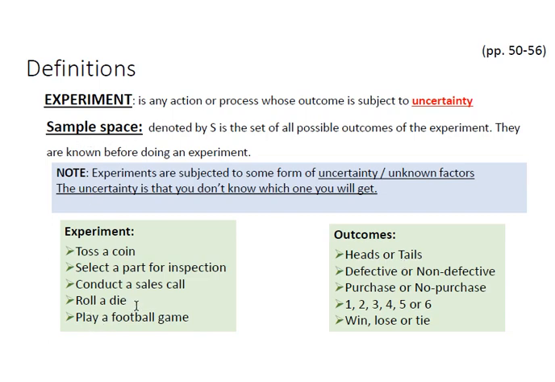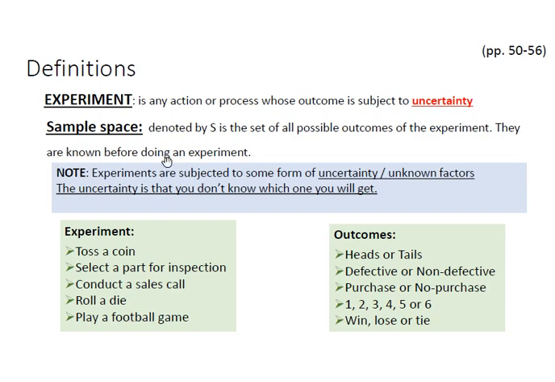If you roll a die, before rolling it, we all know that the outcomes are 1, 2, 3, 4, 5 or 6. But when we roll a die, we don't know what the result or outcome will be. It can be 1, it can be 2, or it can be 6. We don't know. But what is a sample space? The sample space, denoted by S, is the set of all possible outcomes of the experiment.